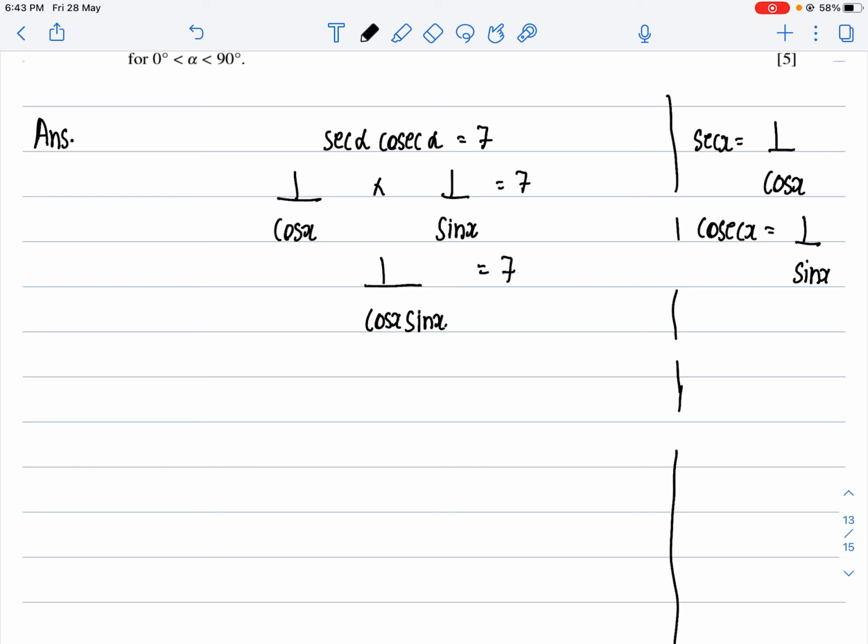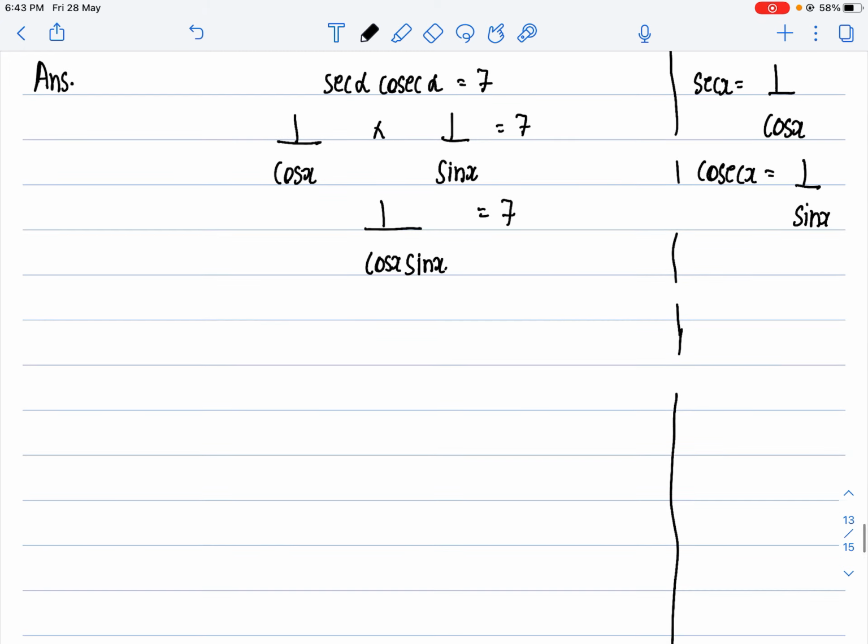Now what do I do? Am I trapped? I don't think so. I know one trigo identity which tells me sin 2x is equal to 2 sin x cos x. Agreed? So if I make sin x cos x the subject of the formula, I can write this as sin 2x by 2.